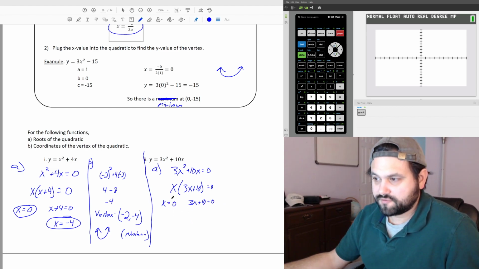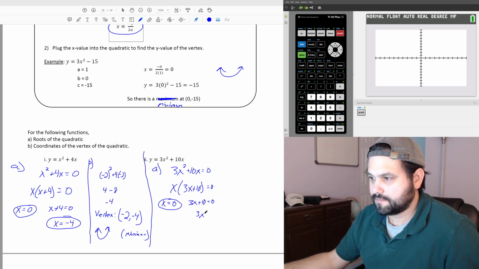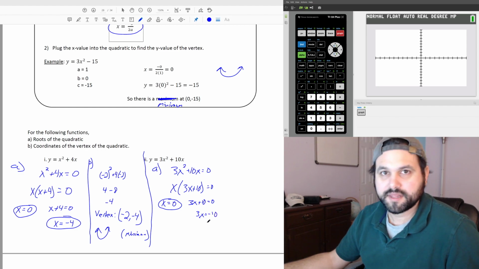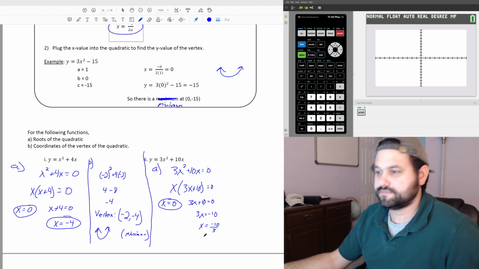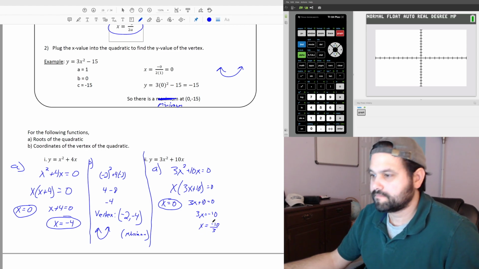This one's solved for me, right? This one's done. This one I have to do a couple steps. I have to subtract the 10, and then I have to divide by 3. And I get -10/3.